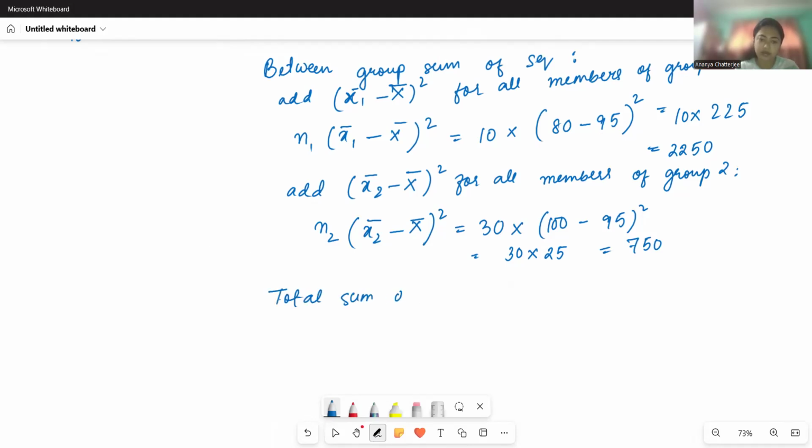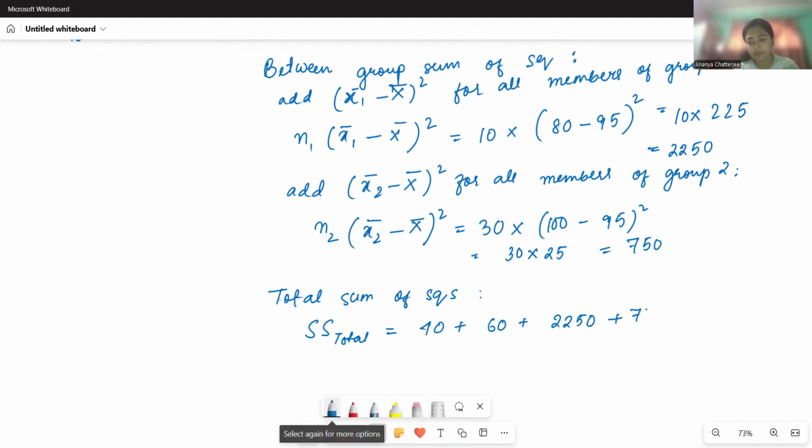Now from this we get the total sum of squares, that is S total, 40 plus 60 plus 2250 plus 750, okay? And the value of this is 3100.